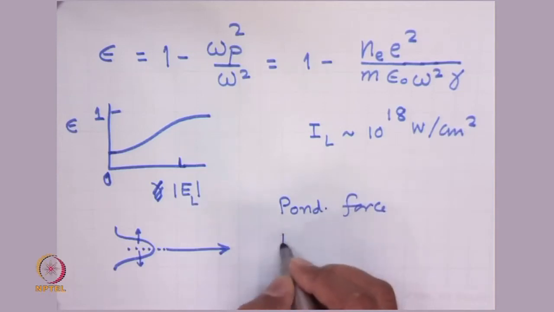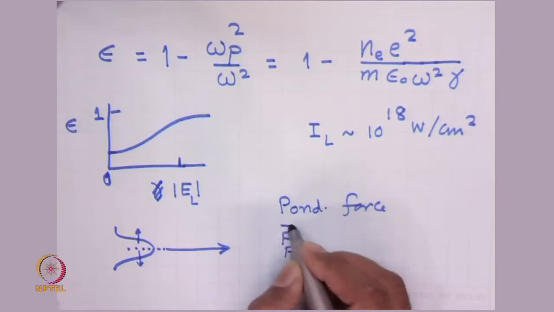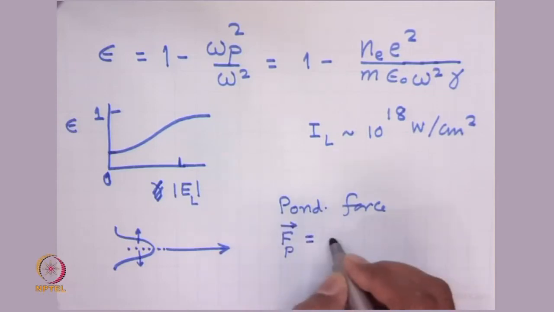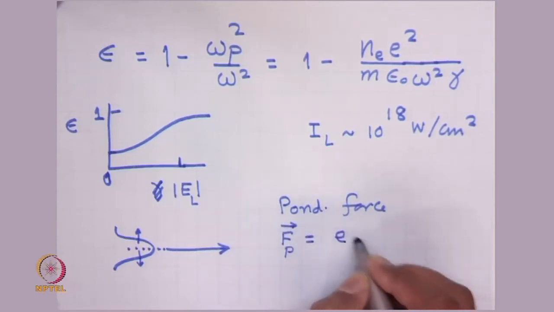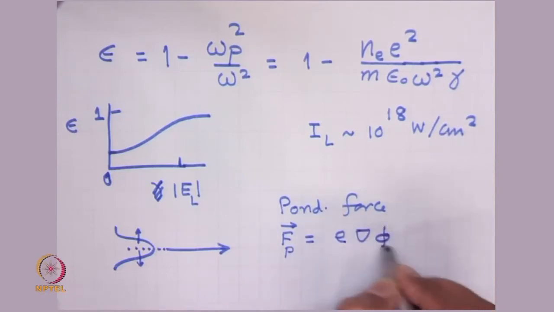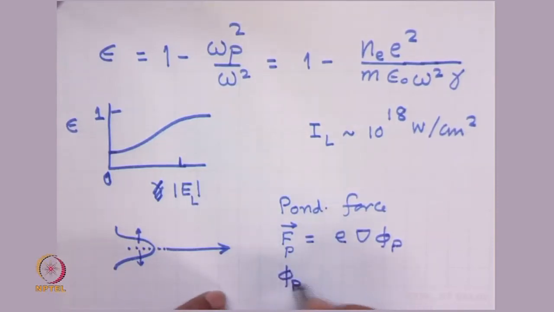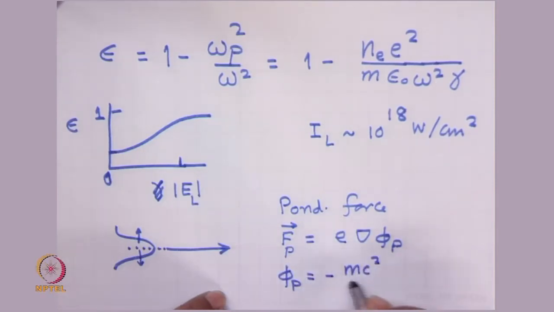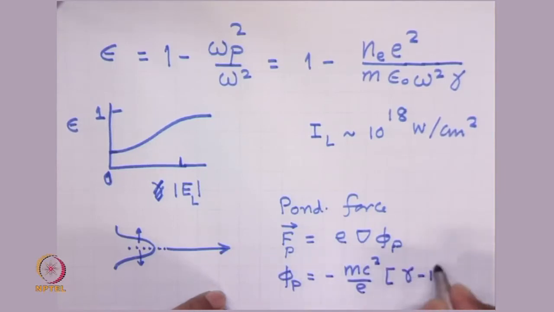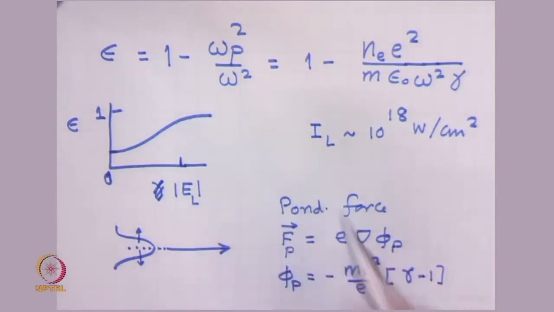If you calculate this for the laser, the time average ponderomotive force, or radiation pressure force, is equal to minus e grad phi_p, where phi_p is called the ponderomotive potential, and it turns out to be phi_p = minus (m c^2 / e)(gamma minus 1). Gamma is the same expression that I have written earlier.